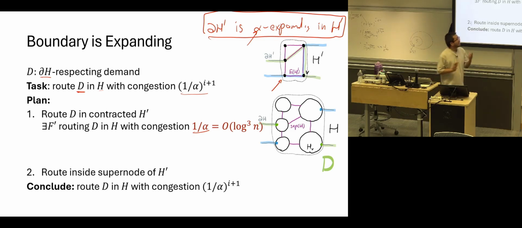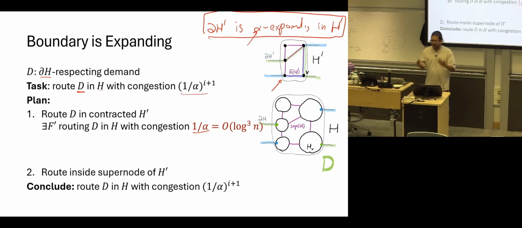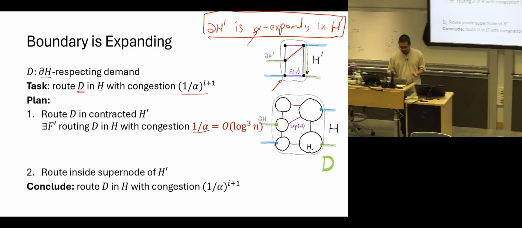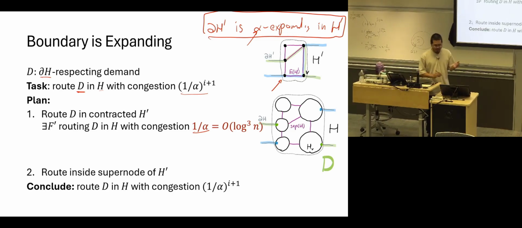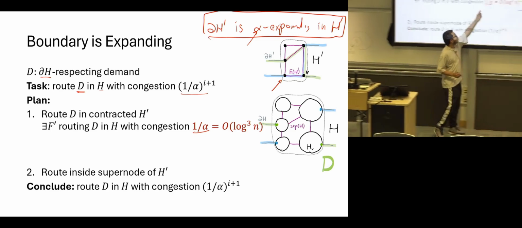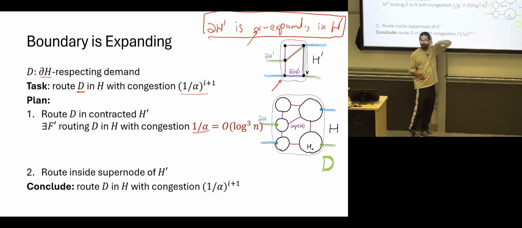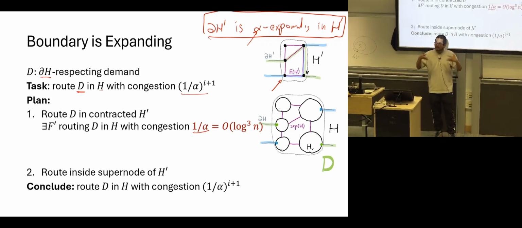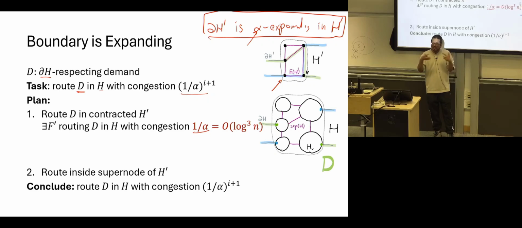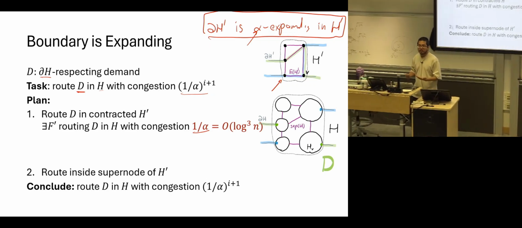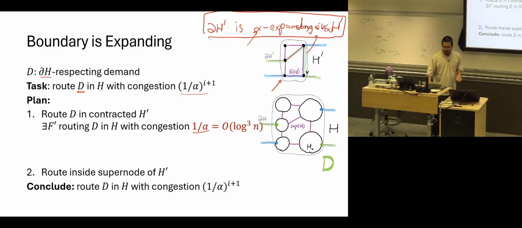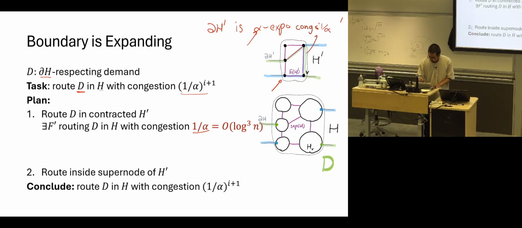Although we do just phi expanding decomposition, normally when you route things you should get 1 over phi congestion. But here, this is the demand between boundary, and we do boundary linked expanding decomposition. So the boundary is much more expanding. That's why the congestion is much better. So the congestion here is just going to be 1 over alpha.